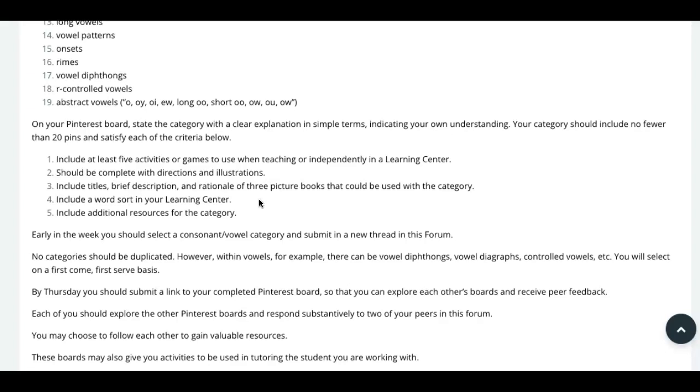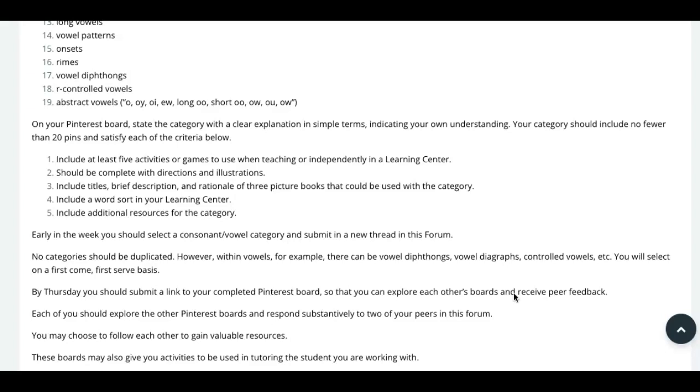By Thursday, you should submit a link to your completed Pinterest board so that you can explore each other's boards and receive feedback. This is for your benefit.